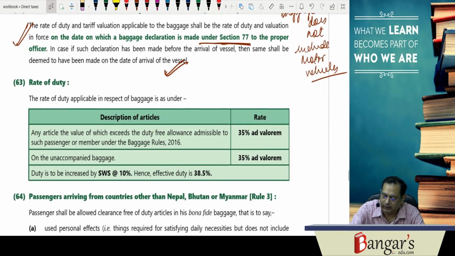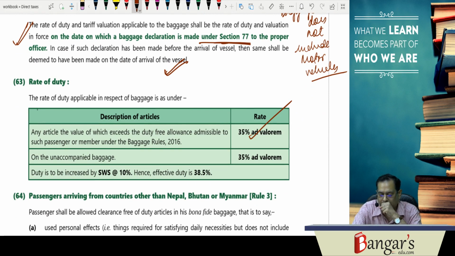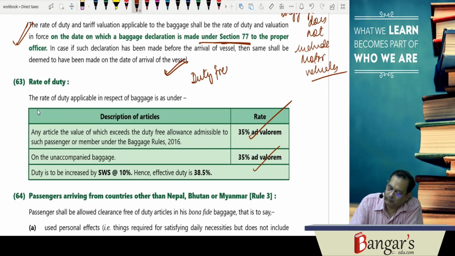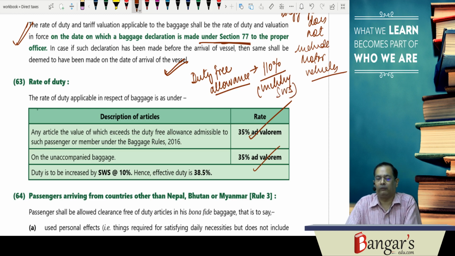Now, what is the rate of duty applicable? It is 35%. Besides, on unaccompanied baggage also, the rate of duty is 35%. And if duty-free allowance is not given, rate of duty will be 110% including SWS, if the baggage is not subject to duty-free allowance.